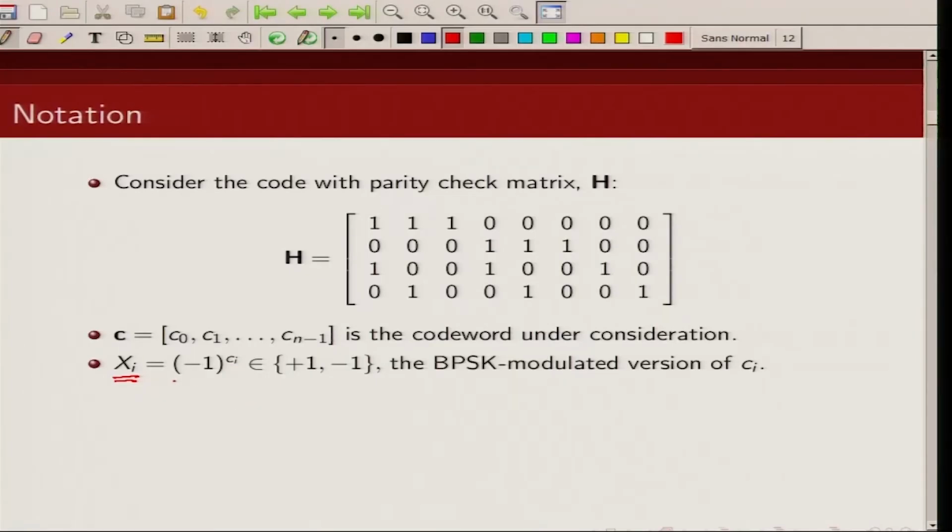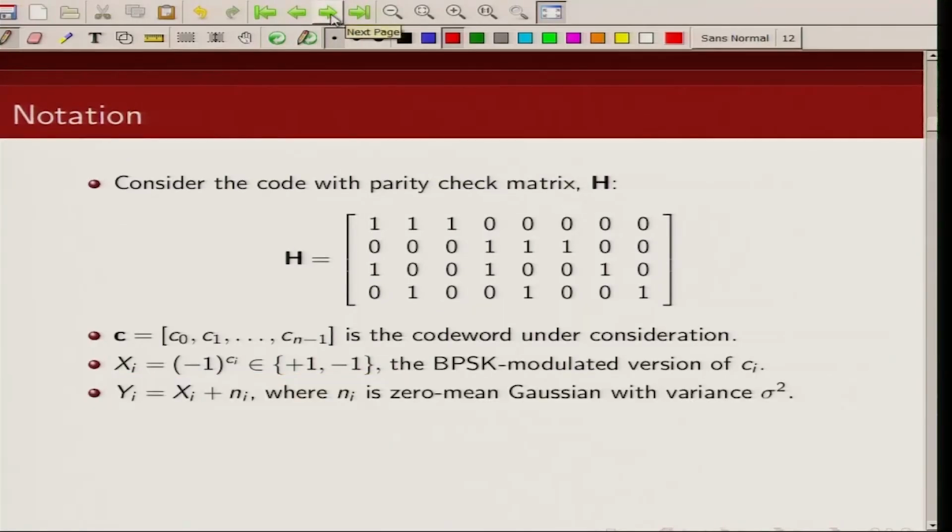That is your BPSK modulated version of the code bits denoted by x of i. y of i is your received modulated code word. We are considering an additive white Gaussian noise channel with noise variance given by sigma square, and it is a 0 mean Gaussian noise.